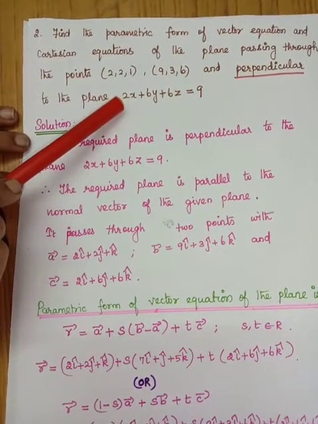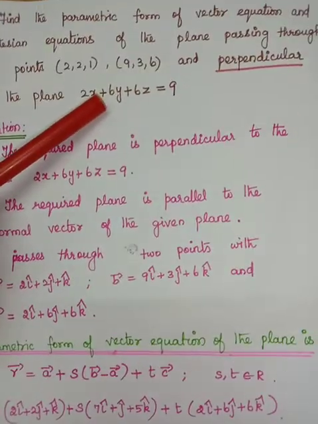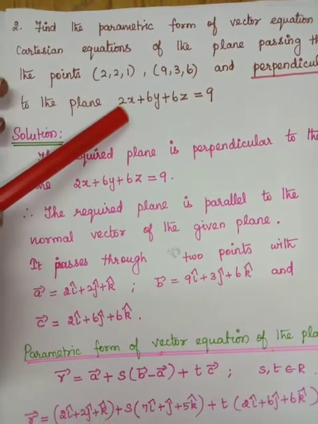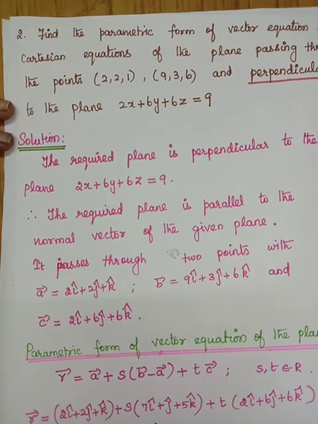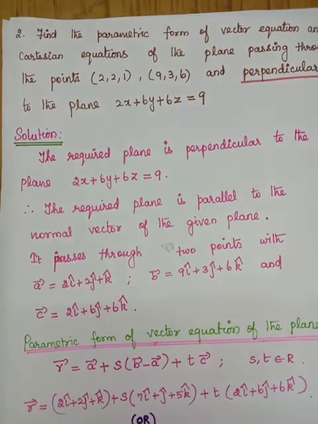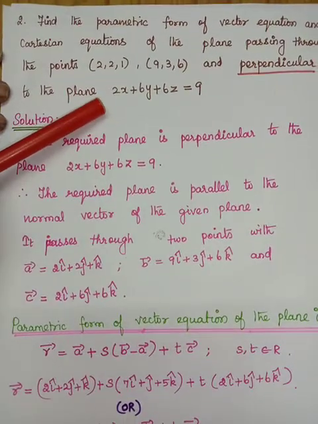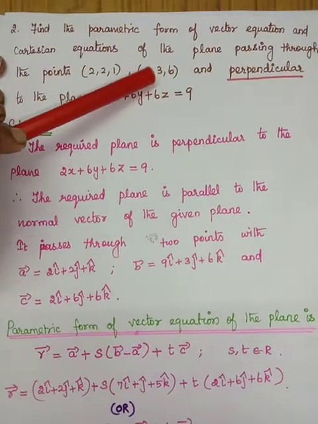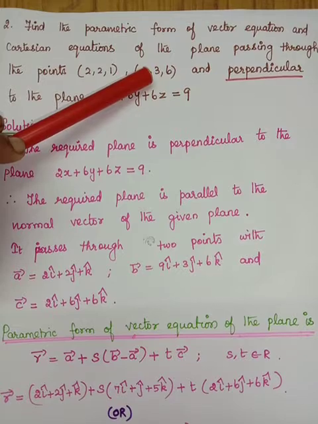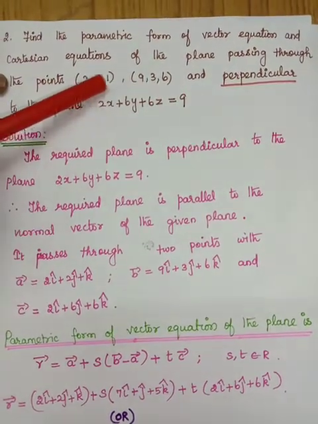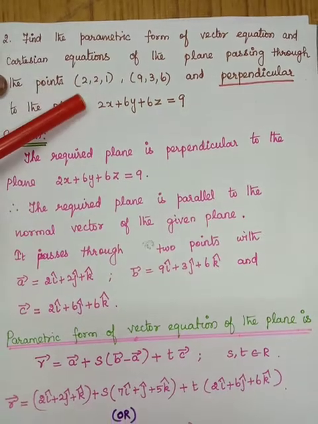Normal is 2i cap plus 6j cap plus 6k cap. How is this normal vector to the required plane? The required plane is parallel to this normal vector. So there are two passing points for the required plane, and the required plane is parallel to the normal of this plane.